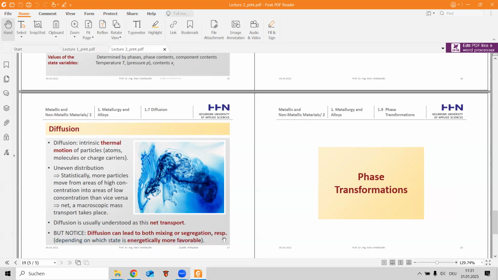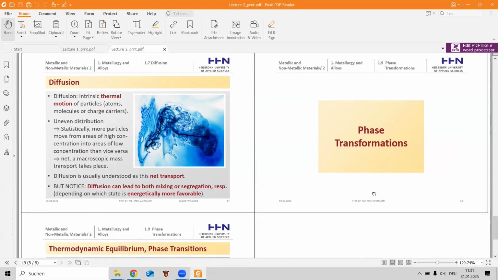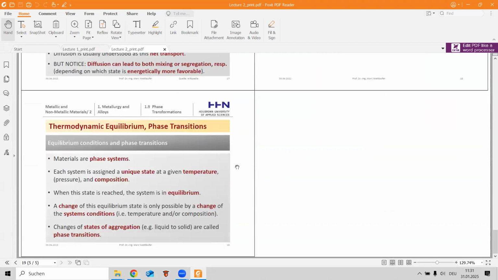So it's also these transformations. Thermodynamic equilibrium, equilibrium conditions and phase transitions. Materials are phase systems. Each system is assigned a unique state at a given temperature, and can also be pressure and composition. When this state is reached, the system is in equilibrium.